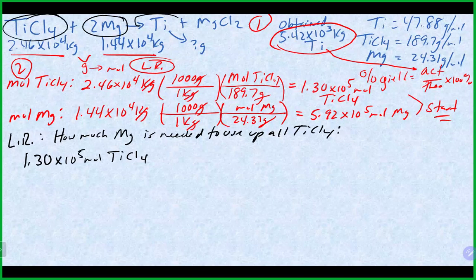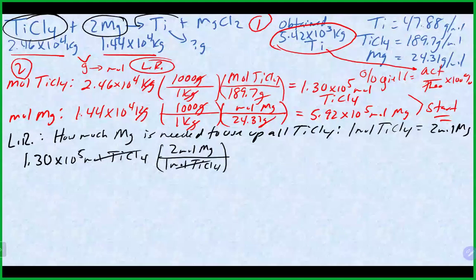And we can see that for every 1 mole of TiCl4, we get 2 moles of magnesium, the mole-to-mole relationship from the equation. So we'll use that. 1 mole of TiCl4, 2 moles of magnesium. Moles will cancel.